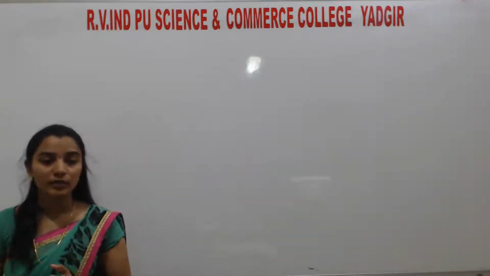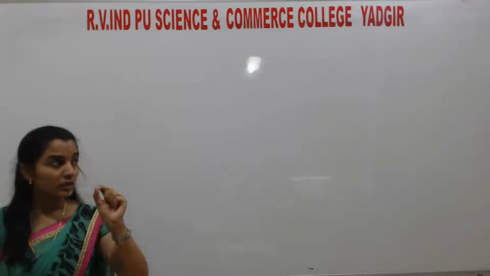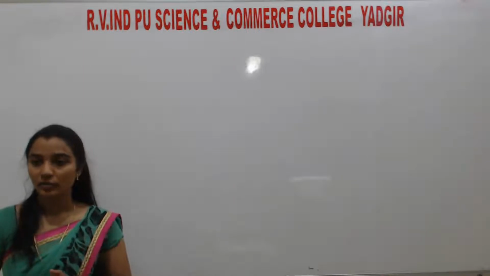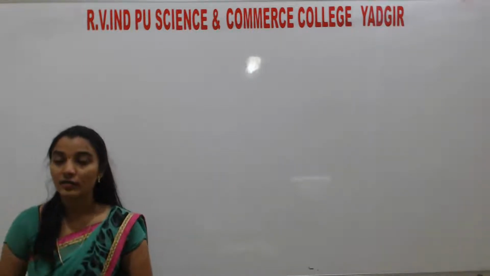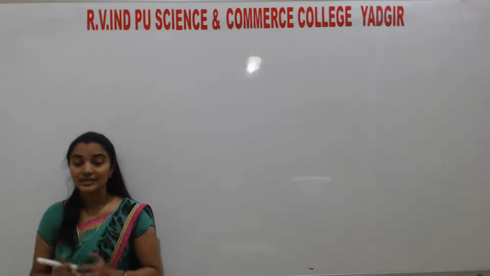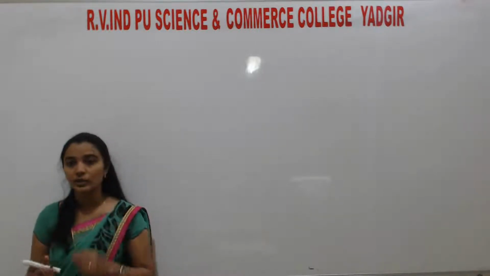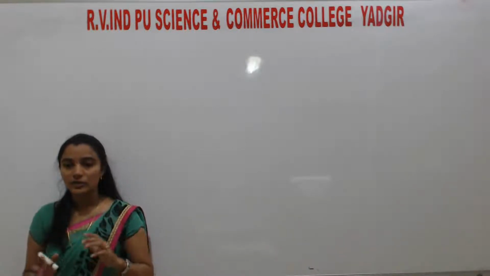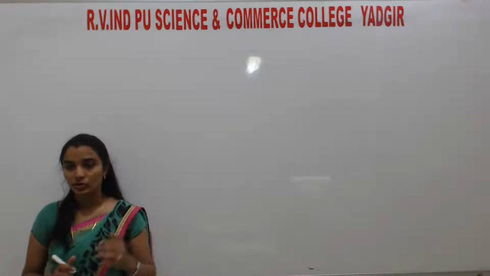What are significant figures? The numbers which we are going to consider for our respective value, where precision and accuracy are there. With respect to that, we have some significant figures. Significant figures means those which are very important. The basic thing: all non-zero digits are significant figures.